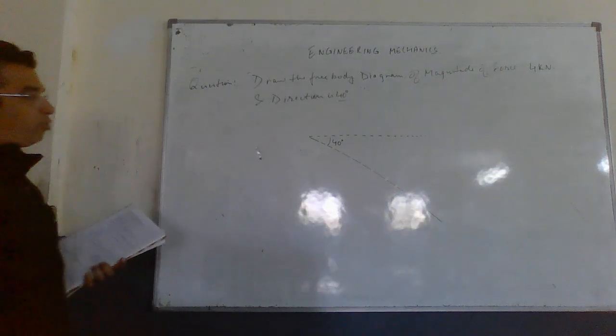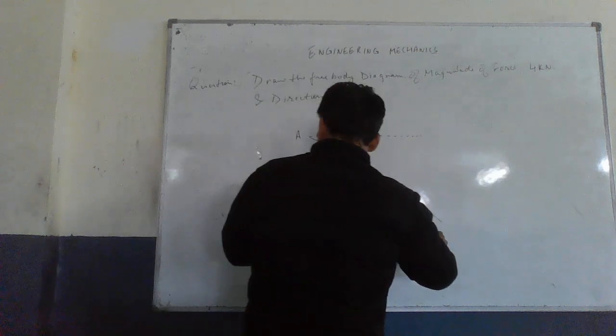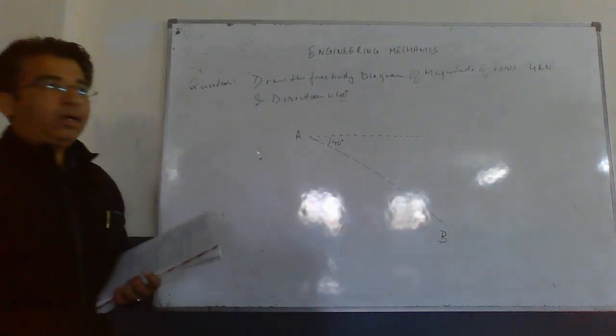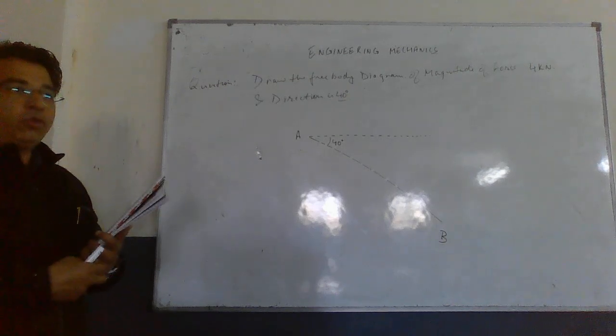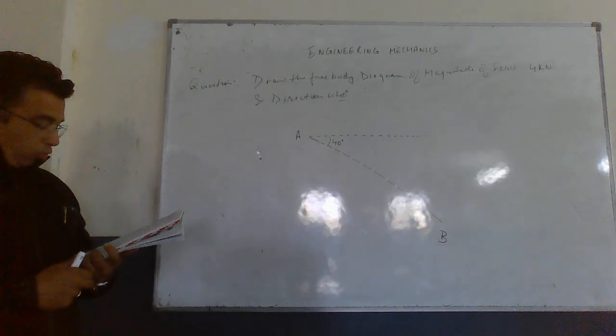I have drawn an imaginary line from point A to point B, and on this particular line of action of the force I am representing my magnitude of the force, that is 4 kilonewton.